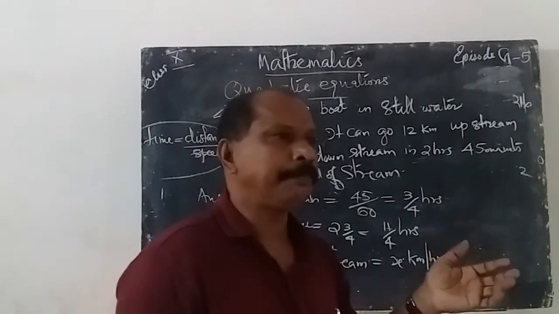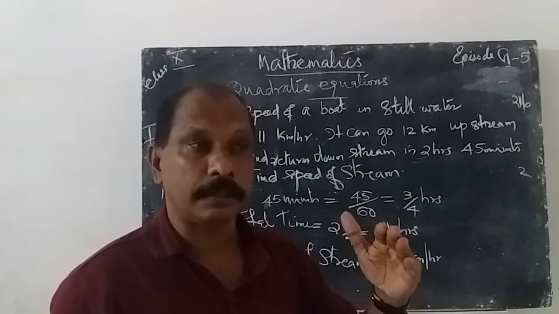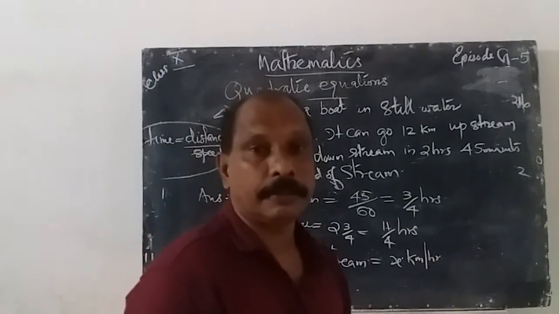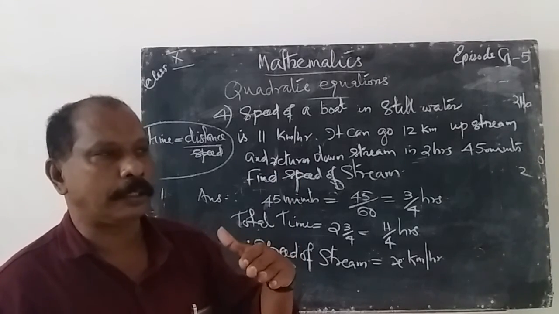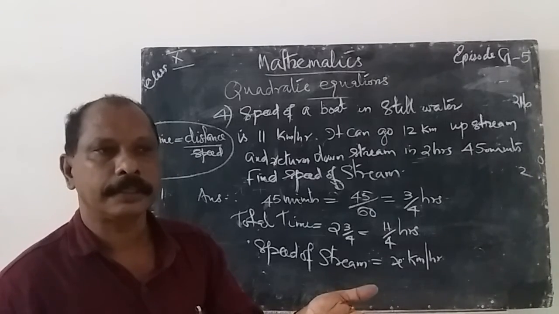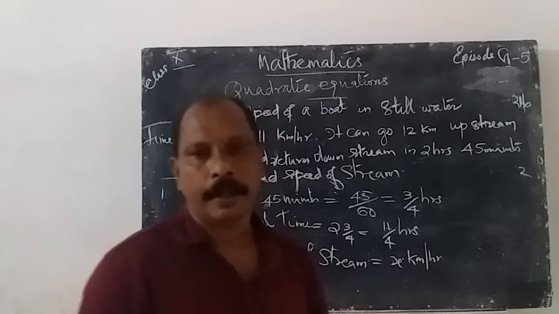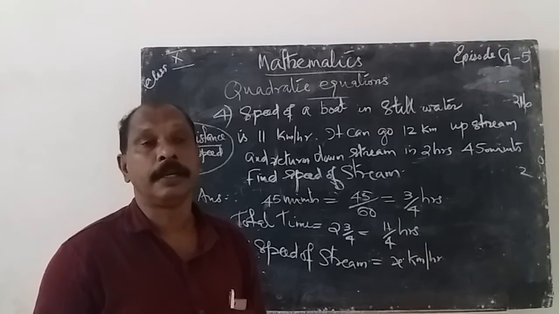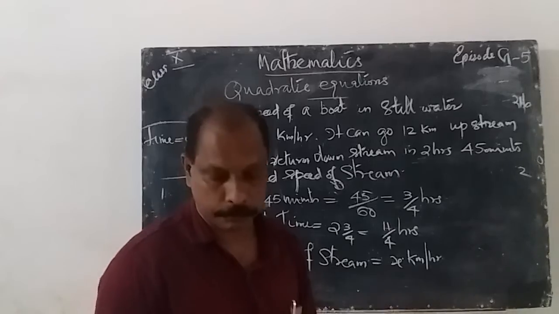In the upstream, the speed of that boat reduces by the speed of that stream. Therefore, speed of the boat in upstream, that is 11 minus x, and the speed of that boat in the downstream, the final speed is the speed of that still water boat added with that.